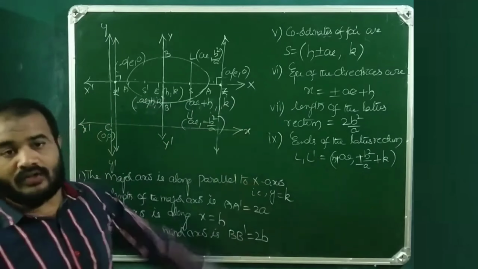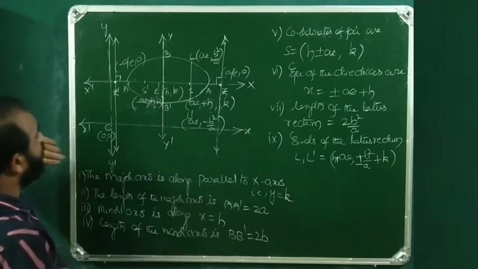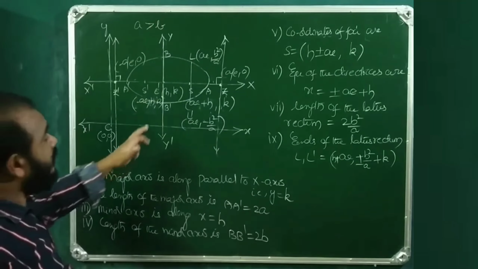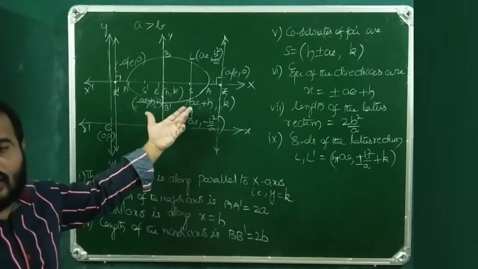So these are the features of the ellipse with a greater than b, where the center is other than the origin, not at the origin.